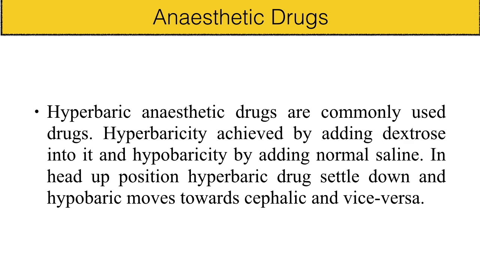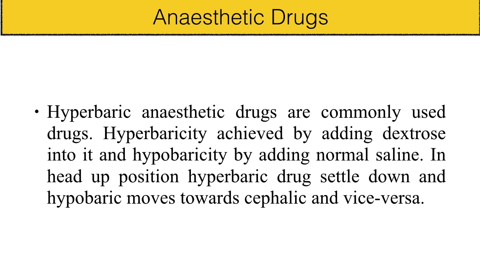In the head up position, meaning the head is on the upper side, the hyperbaric drug settles down. If it is hypobaric, it moves towards the cephalic end, and vice versa. In the head down position, hyperbaric moves towards the cephalic end and hypobaric moves towards the lower end of the body.